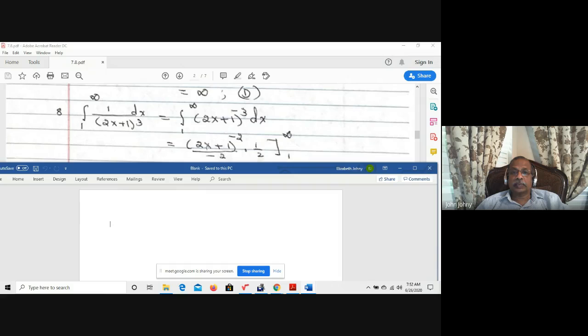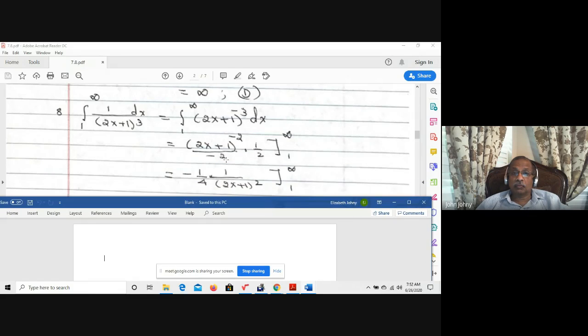So this is 2x plus 1 whole to the negative 3 plus 1, that's negative 2, divided by negative 2. Multiply that by 1/2, because there is a coefficient number 2. So you have to divide by 2 or multiply by 1/2. That is equal to negative 1/4, 2 times negative 2, negative 1/4 times 1 over (2x plus 1) whole square, from 1 to infinity.